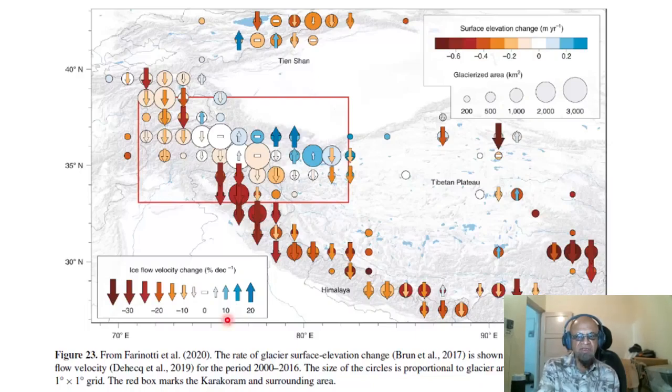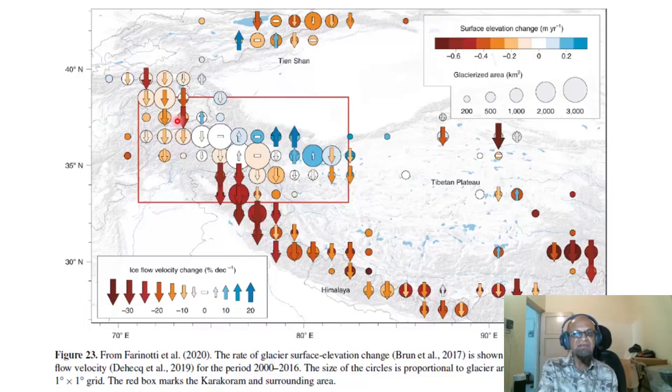Okay, the red box marks Karakoram and the surrounding area, which is this huge box here. So surface elevation change in meters per year and glacierized area is in kilometers squared, going from 200 to 3000. And you can see almost all of them are down arrows except for a few, where there is the Karakoram anomaly that we mentioned.